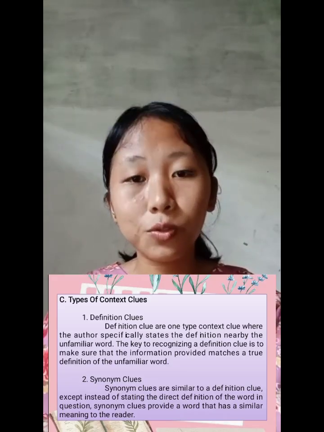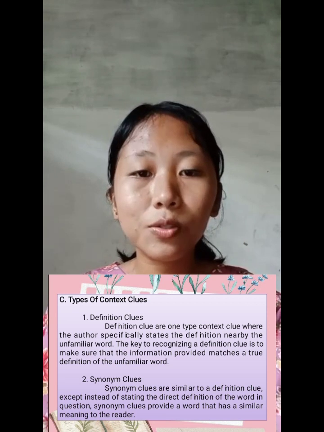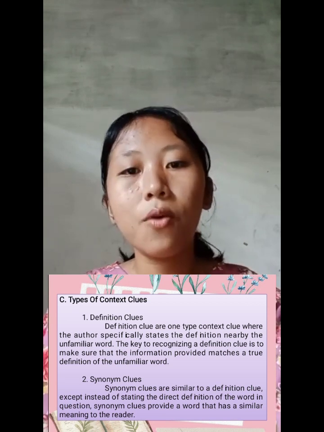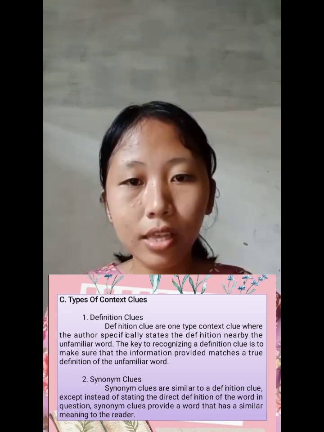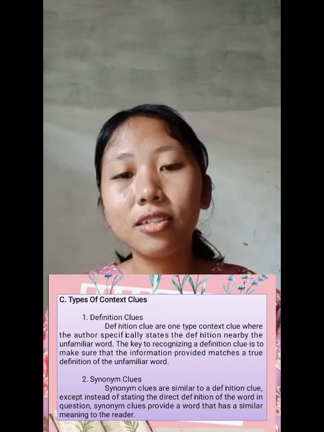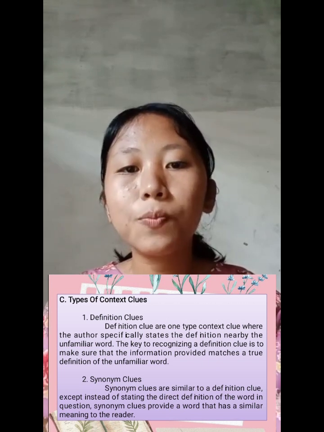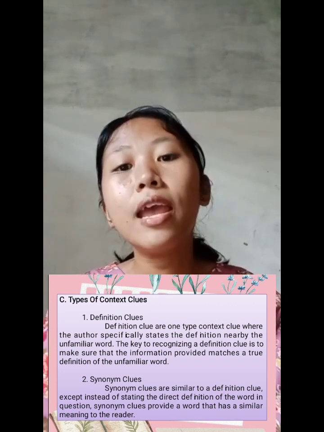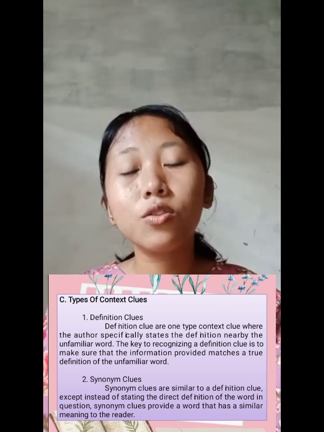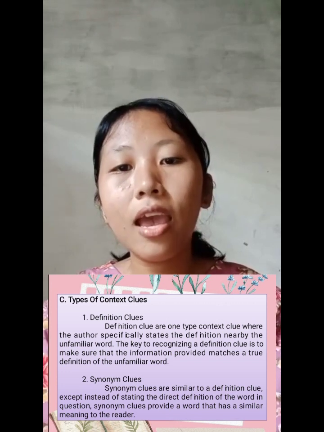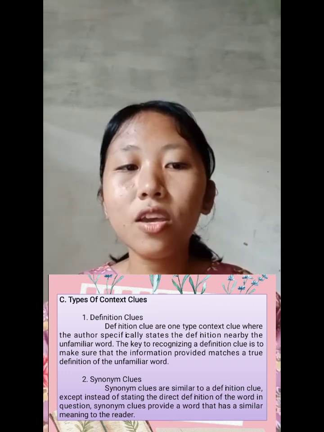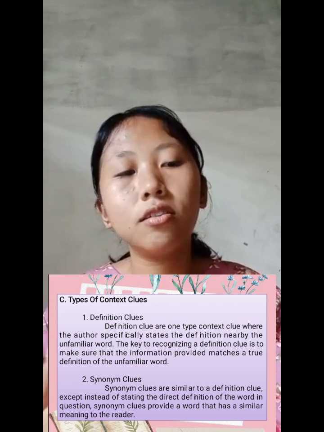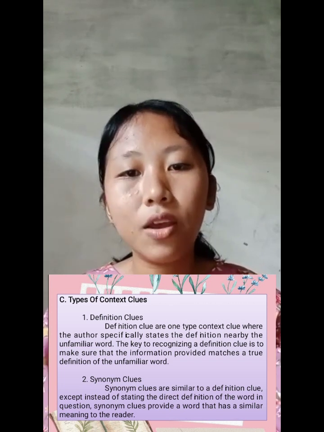Now I would like to explain part C, types of context clues. The first type of context clues is definition clues. What is the meaning of definition clues? It means that the writer specifically states the definition of a word near the unfamiliar word. The key is to make sure that the information is true for the unfamiliar word.